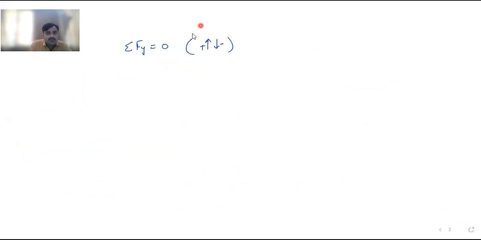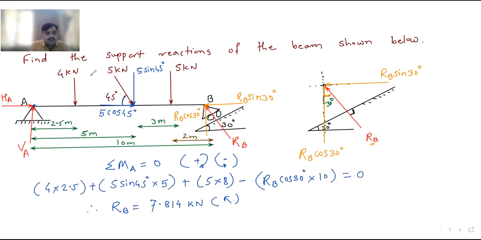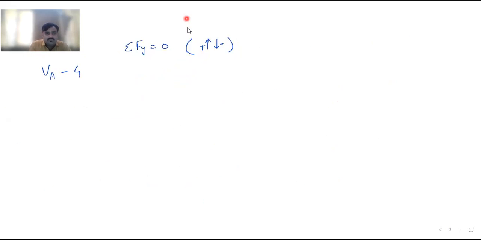So VA minus 4, then this 5 sin 45 moving downward, so it is also minus 5 sin 45. And this 5 kilonewton is also moving downward, so it is also minus 5.